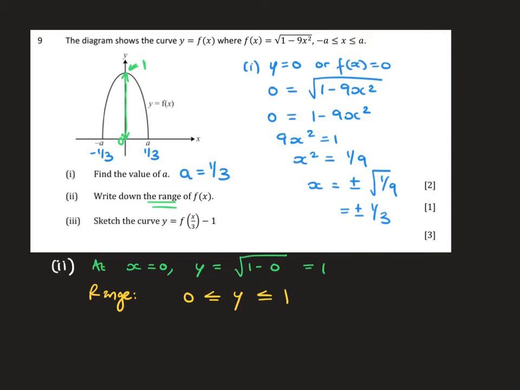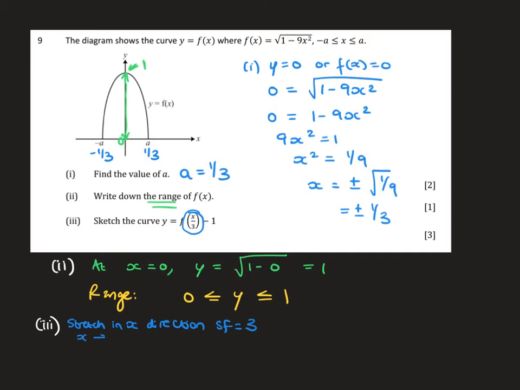Now, for part 3, we have to sketch the curve y equals f of x over 3 minus 1. So I would like to do this by thinking about the two transformations that are taking place here. So the first transformation here involves a stretch in the x direction, and it's a scale factor of 3.